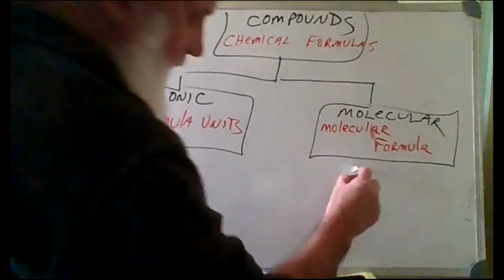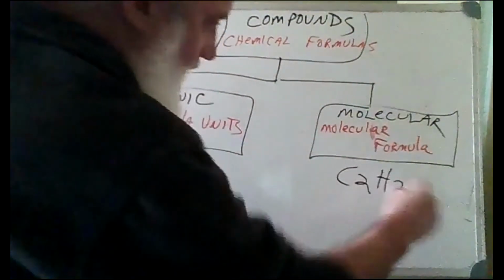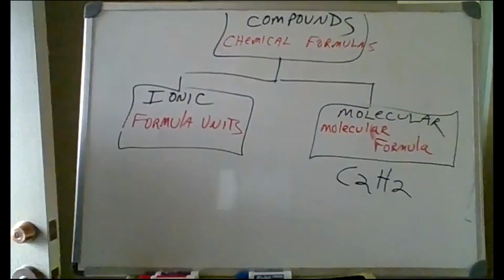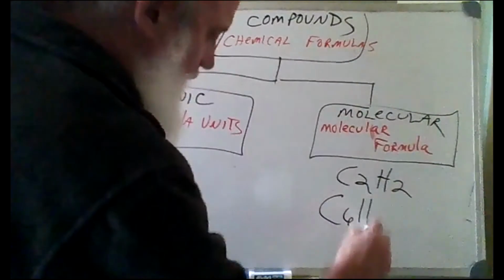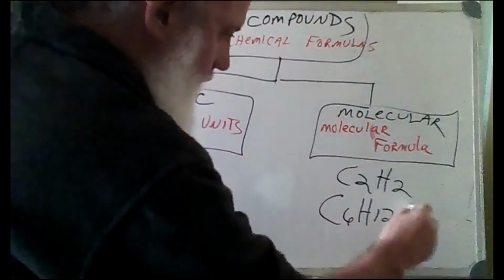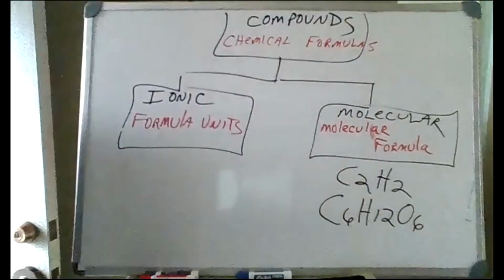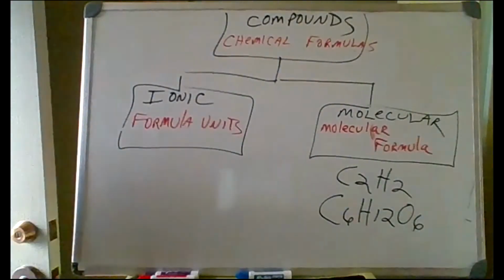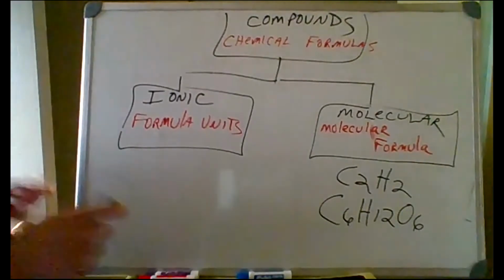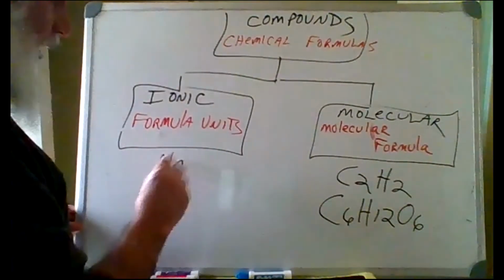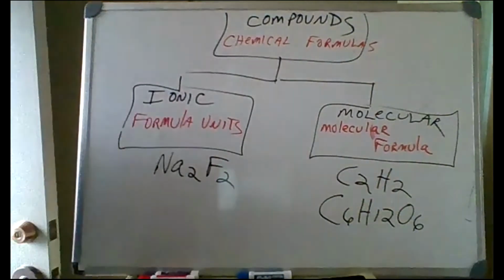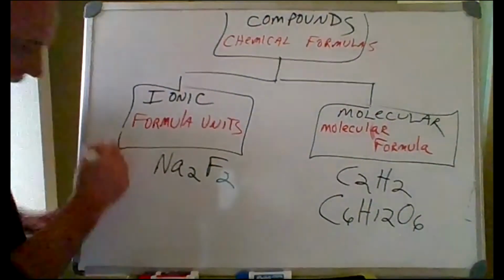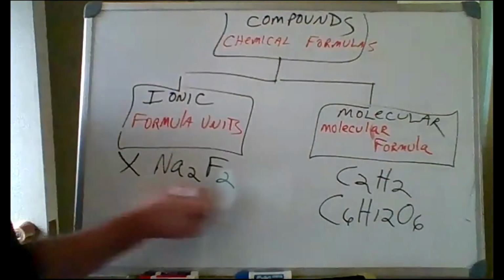So we can take a look. Something like this is perfectly valid in a molecular formula. We can write glucose. Notice there are common factors there. That's perfectly legitimate in a molecular formula. Yet, it's not okay in a formula unit. This is not okay, because there's a common factor there.